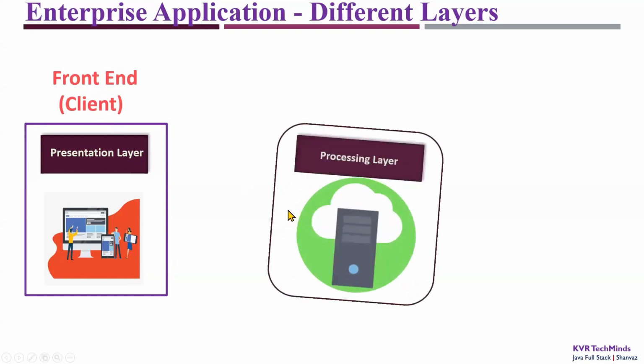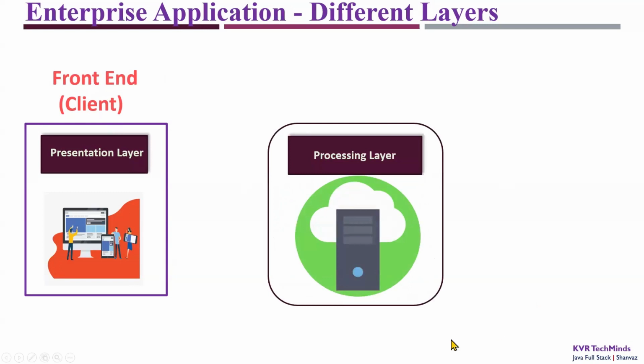Okay. And also you have a processing layer, right? The responsibility of this processing layer is to take the request from the presentation layer, understand the request, do the processing, prepare the response, and send the response back to the presentation layer.